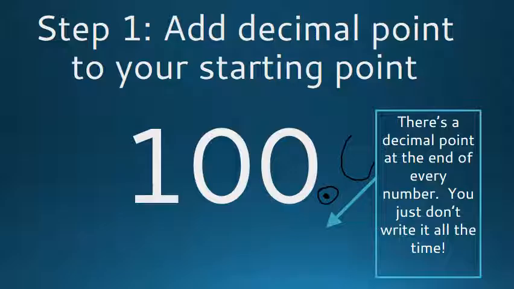And of course that means it's 100.0. So we don't have to write all that. We can just write 100 and everybody knows what that is. But technically it's 100.0. So every number actually has a decimal at the end of it. We just don't write it or type it all the time.